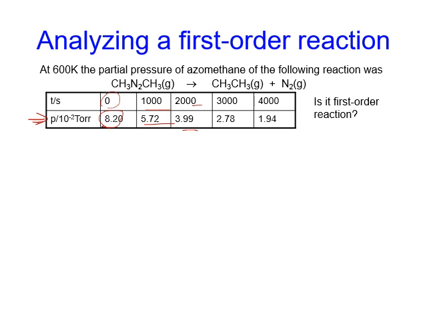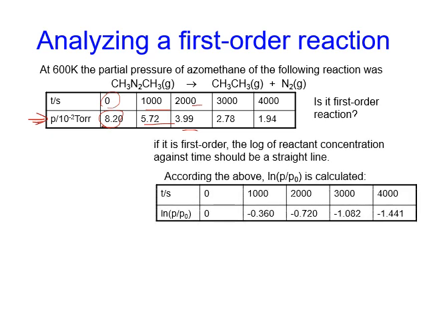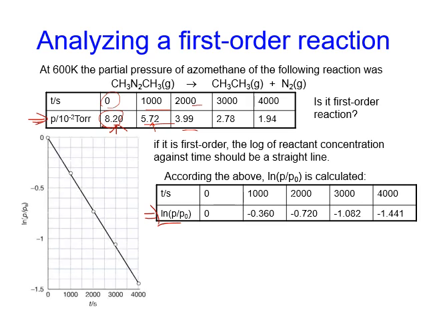Instead of plotting concentration as a function of time, we need to plot the natural log of concentration. So we modify this table to the natural log of the concentration over the initial concentration. You calculate the ratio and natural log, and then you plot the natural log of concentration over time.